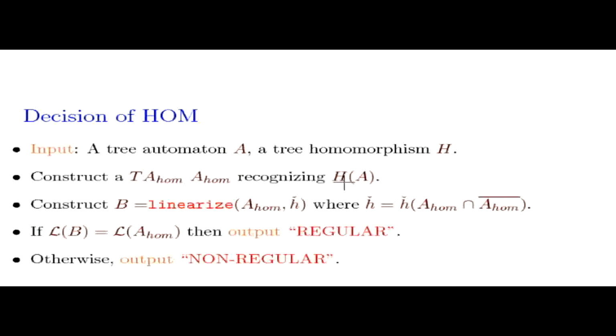Then we construct a tree automaton B by replacing all positions with checked equality occurring in a Hom by ground terms up to a certain depth, which depends on the input. Next, we check whether B still recognizes the same as A Hom. In the affirmative case, it's clear that then the image is regular. The surprising point is that in the negative case, we can conclude that the image is non-regular.